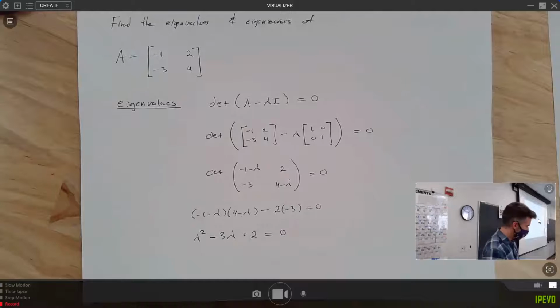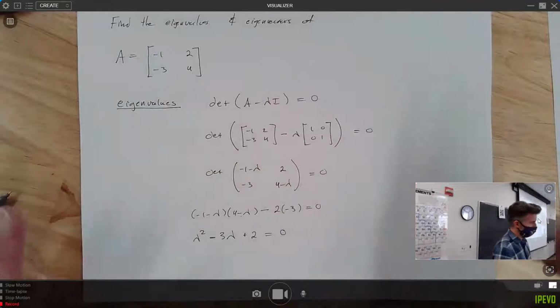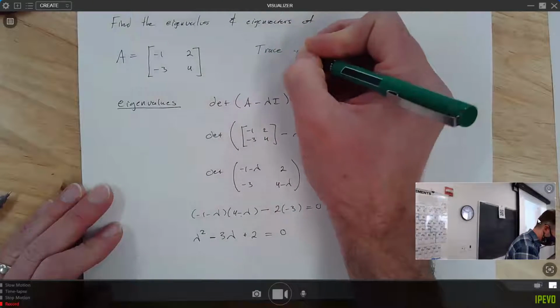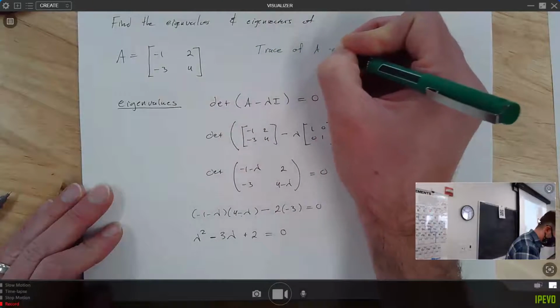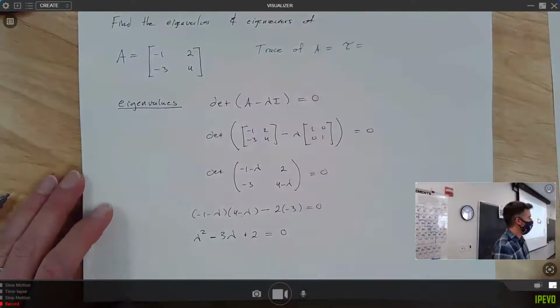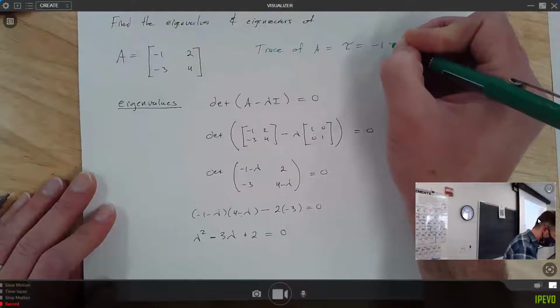I should point out, because I do think it's worth pointing out, you could jump to here without doing this work. If you really want to be kind of slick about it, I'm just going to show you a couple things. You guys might have forgotten, the trace of a matrix is just the sum of the diagonal elements, which is in this case -1 plus 4.